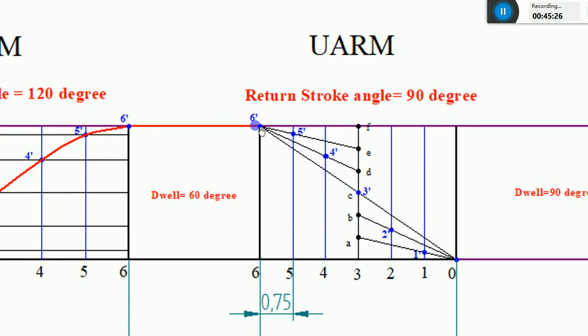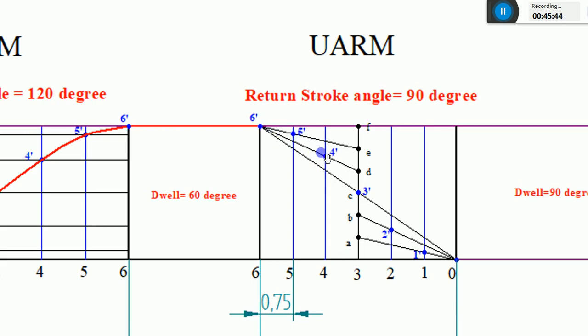So this is the first point, and after that you can see the fifth vertical line and this first inclined line, which is joining point E. This is the first inclined line, and this is the fifth line. They're intersecting at this point, so you have to indicate that as 5 dash.